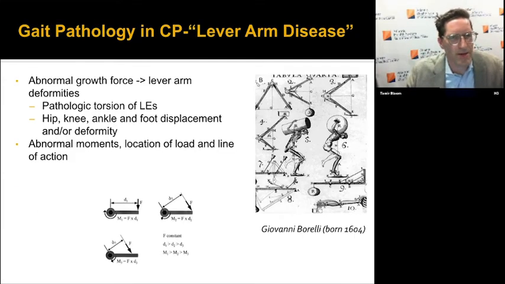I think it's important to recognize the surgical interventions that we do. The way they work is in large part to address what we call lever arm disease. And to understand lever arm disease, you need to basically understand two concepts.